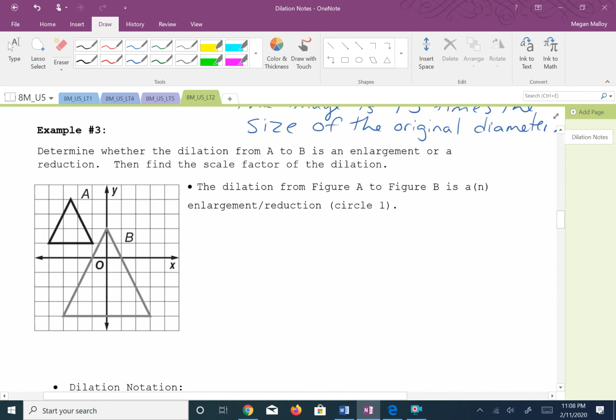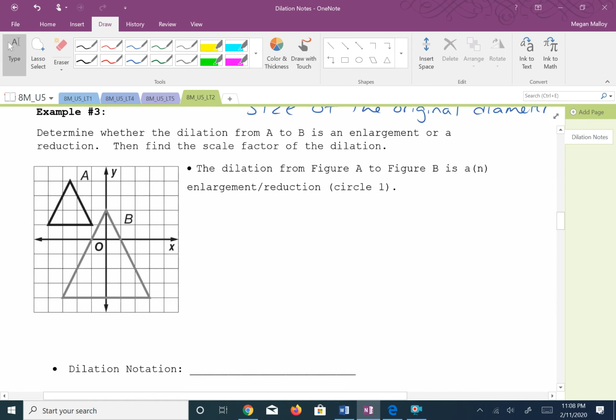So example 3, determine whether the dilation from A to B is an enlargement or a reduction, then find the scale factor of the dilation. So if we are looking from figure A, which is our triangle to the left here, to triangle B, again, we should be able to tell that B definitely has gotten bigger from A, so this would be an enlargement.